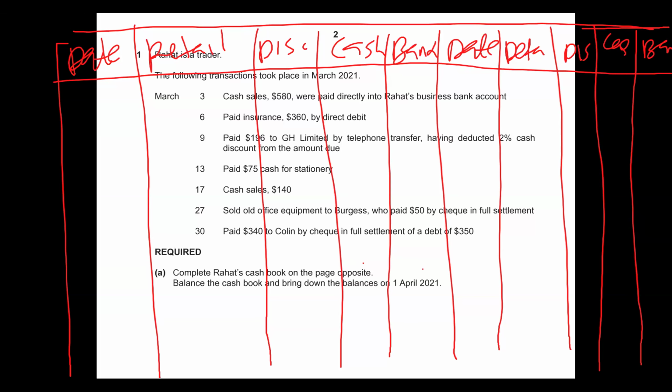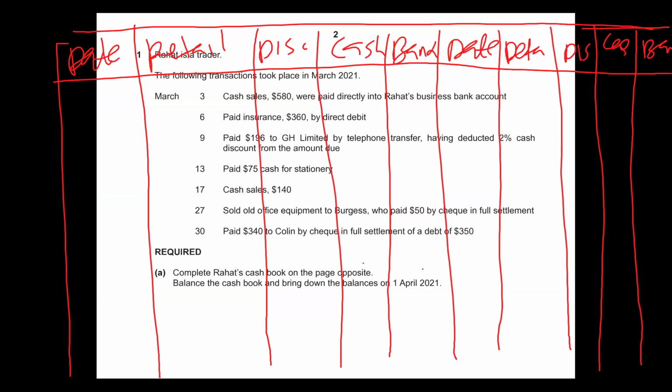Number 2, is it receiving or giving? If it is receiving, you debit the receiving account. If it is giving, credit the giving account. You know those things, right? No much worries. Let's start.